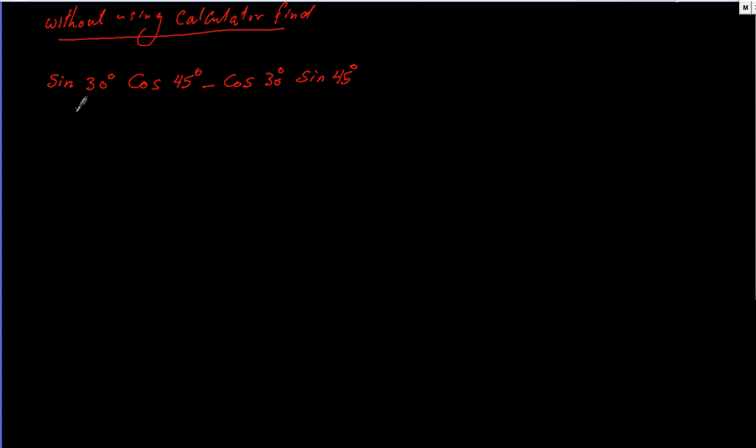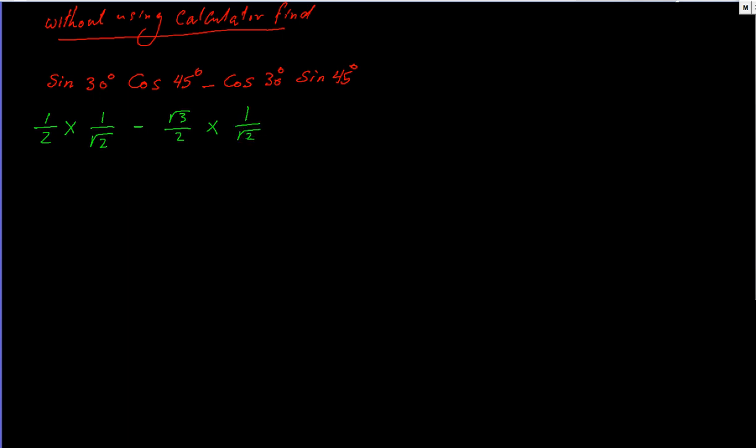From the previous we can deduce that sine 30 equals 1 over 2, multiplied by cosine 45 equals 1 over root 2, minus cosine 30 equals root 3 over 2, sine 45 equals 1 over root 2.